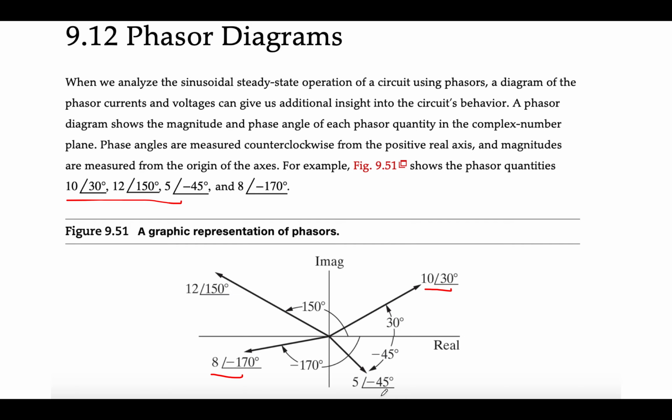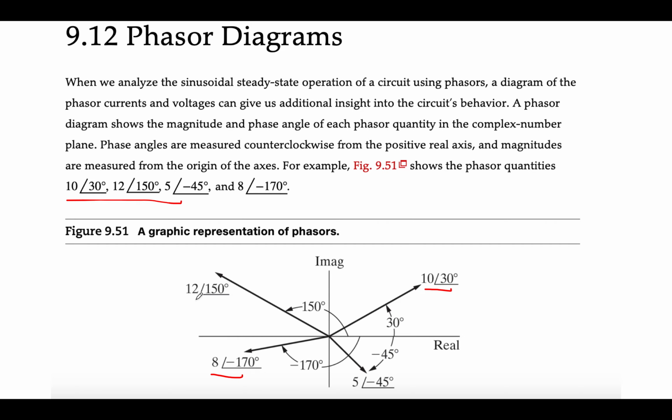Now, I want to talk a little bit about leading and lagging. One phasor leads another if it is a farther rotation in the counterclockwise direction and the angle between the two phasors is less than 180 degrees.